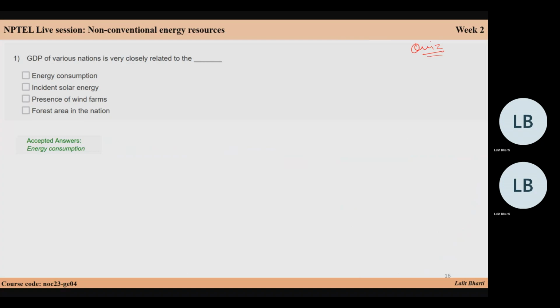The first question is: GDP of various nations is very closely related to what? GDP is the term for gross domestic production.